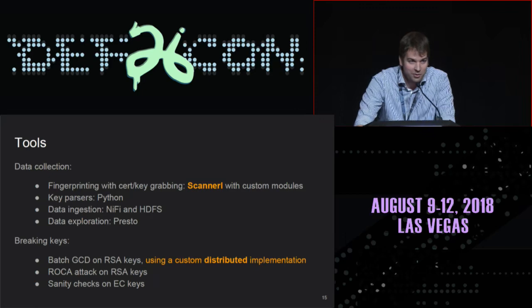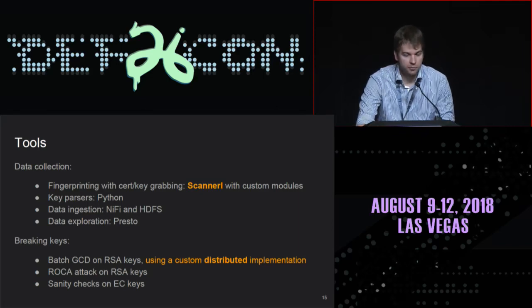And we also have been using Apache NiFi to define some data pipelines that we use to ingest the keys in our database. That database is stored in HDFS, and we use Presto to run SQL queries on the dataset. Then for breaking keys, now that we have them in our database, we wrote a tool in Chapel to compute the batch GCD of all of those keys.